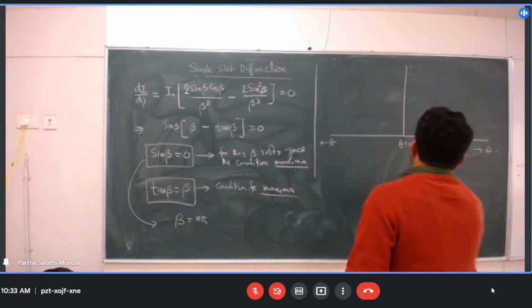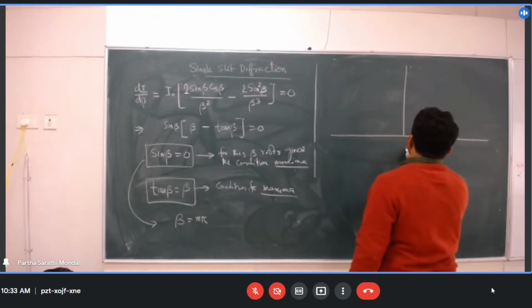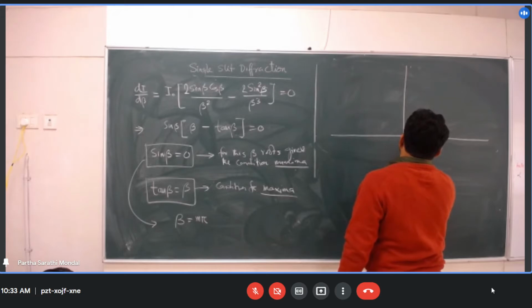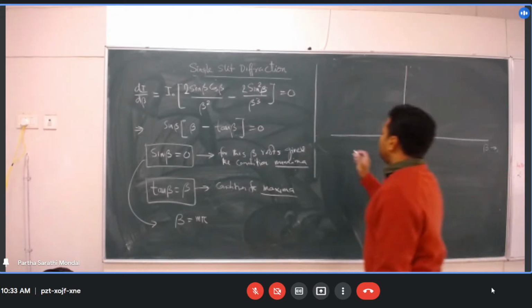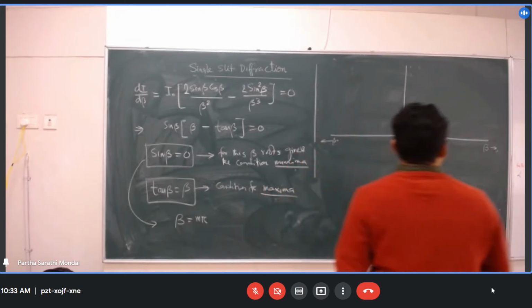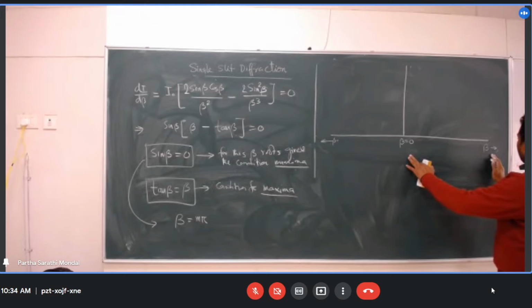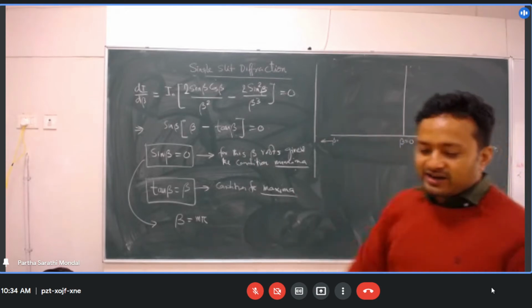So let's put beta here. Okay, so that means beta 0 will give you central maxima, or beta is increasing this side, or beta is minus beta is increasing this side. So that means this is the upper side of the screen, and ये lower side of the screen.